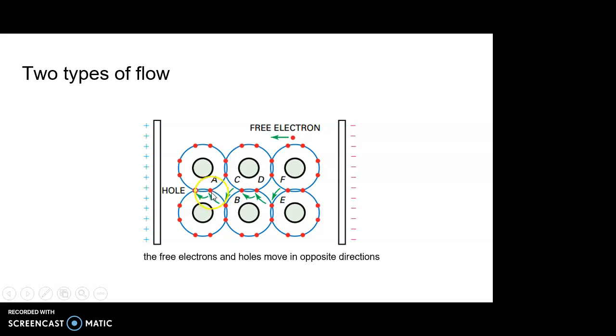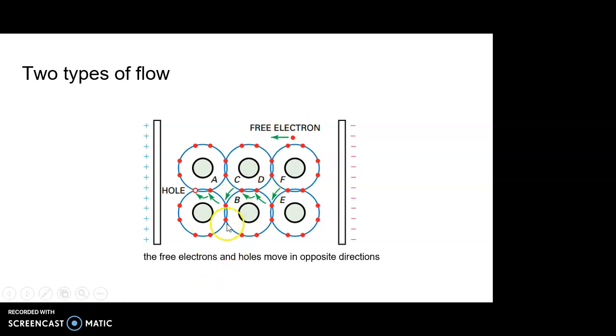If this is a hole, and this is an electron, definitely the electron next to it will get attracted to this hole. So meaning to say there will be some attraction. So these electrons will recombine with this at point A, and then this becomes a hole. Also, the same thing happens since this is now positive and the next electron is negative, so there will be some attraction.